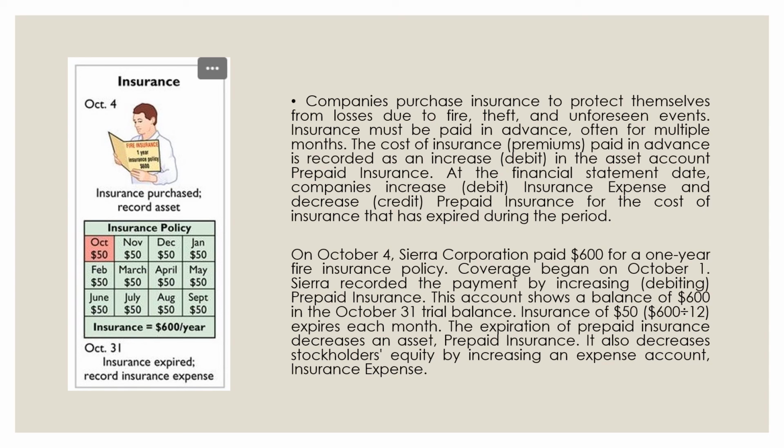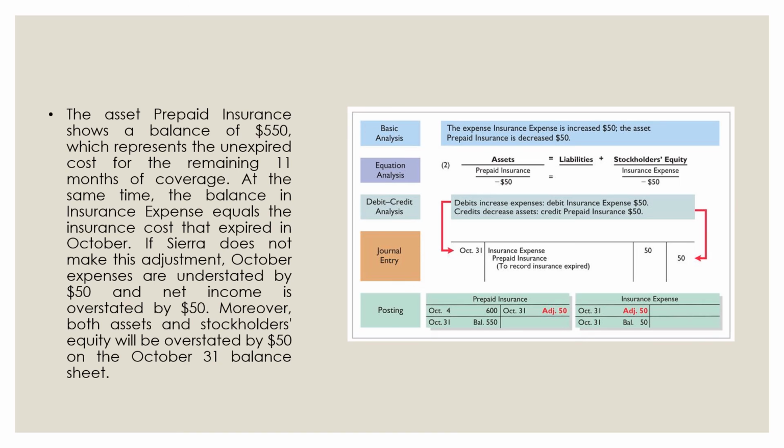The prepaid insurance decrease also decreases stockholders' equity by increasing the expense account, insurance expense. I'll explain on the next slide. The asset prepaid insurance shows a balance of $550, which represents the unexpired cost for the remaining 11 months.